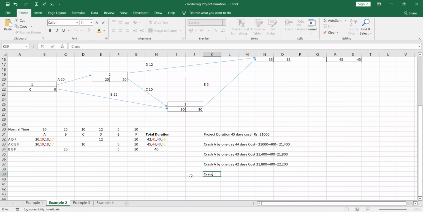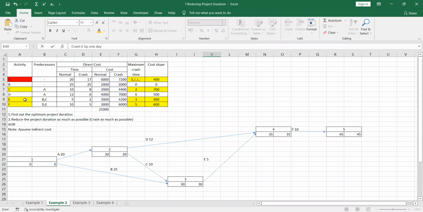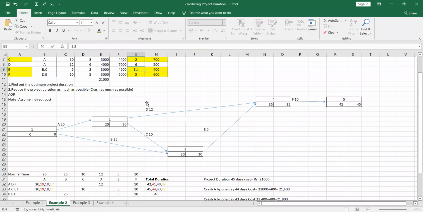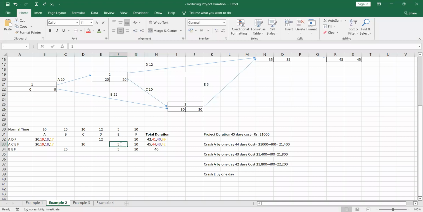Crash E by 1 day. Crash E by 1 day. So it should be 2 here. Crash E by 1 day. So I will make it another color, green, right? So crash E by 1 day means it should be 4.